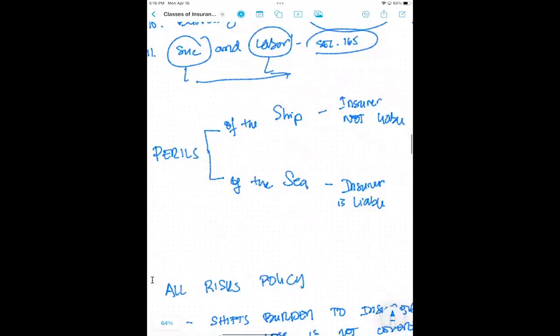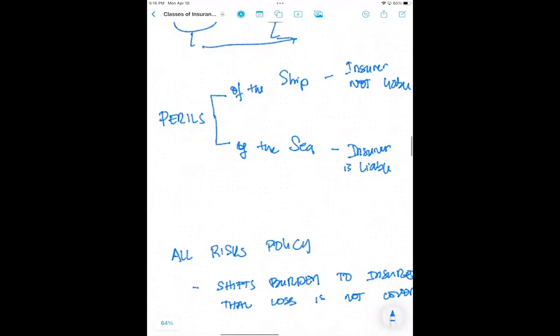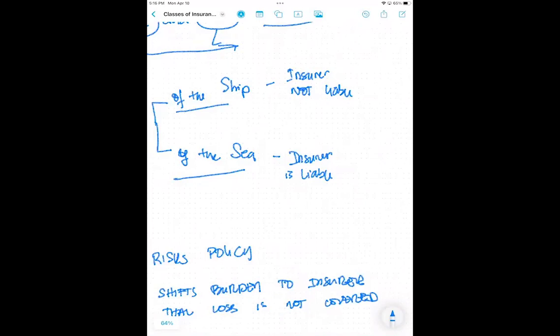Okay, now we now discuss perils. Okay, so I think naririnig natin ito dun sa ating mga professor, right? So perils, we can refer to perils of the ship or perils of the sea. Perils of the ship would include the ordinary sea movement. Of course, yung paglalayag sa karagatan, right?